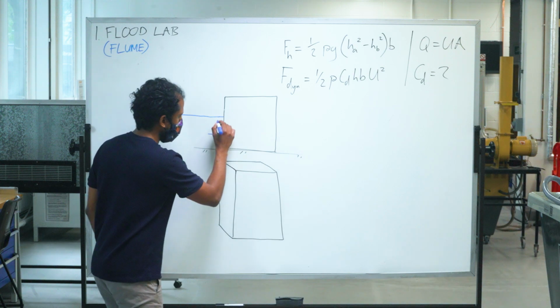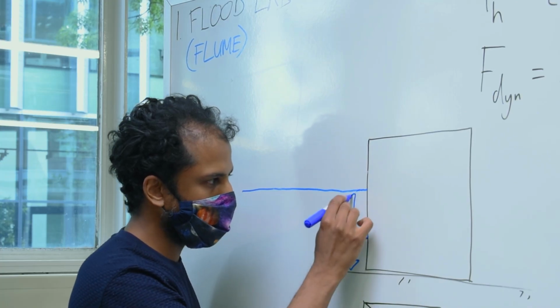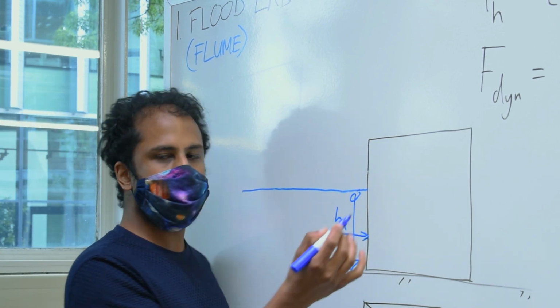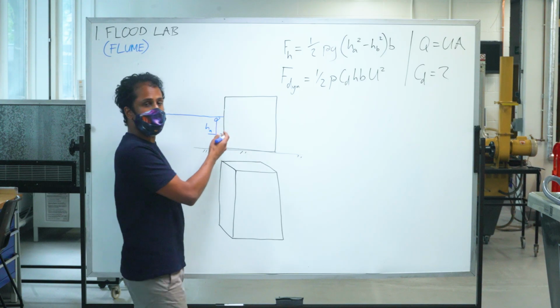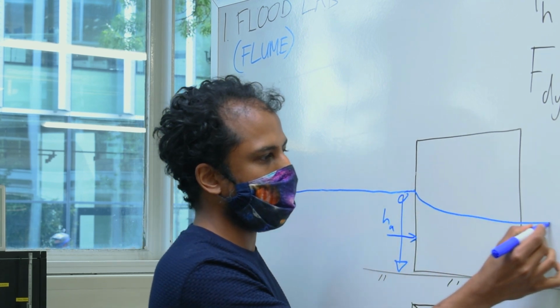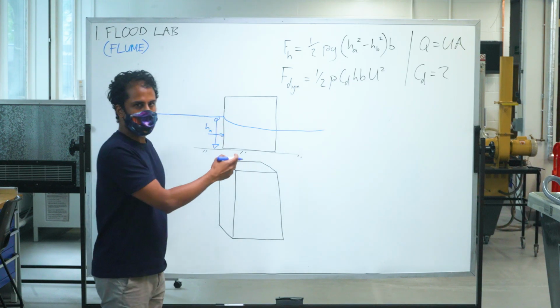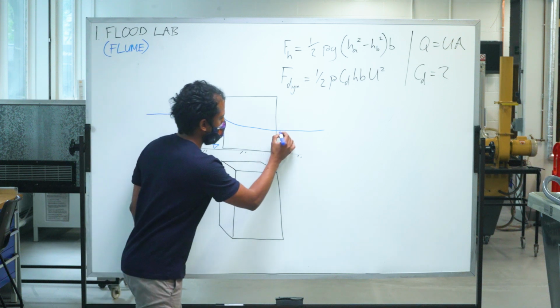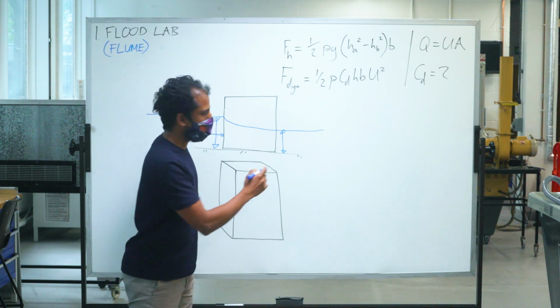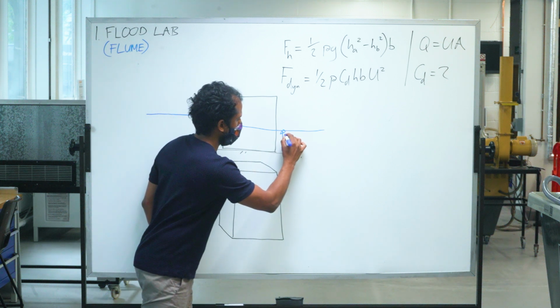So this height here is HA. But as the water passes the structure, it reduces to 0 at this point, but some of it is forced around the side, and we have a surface profile similar to this. And so we would have a height of water at the rear, HB.